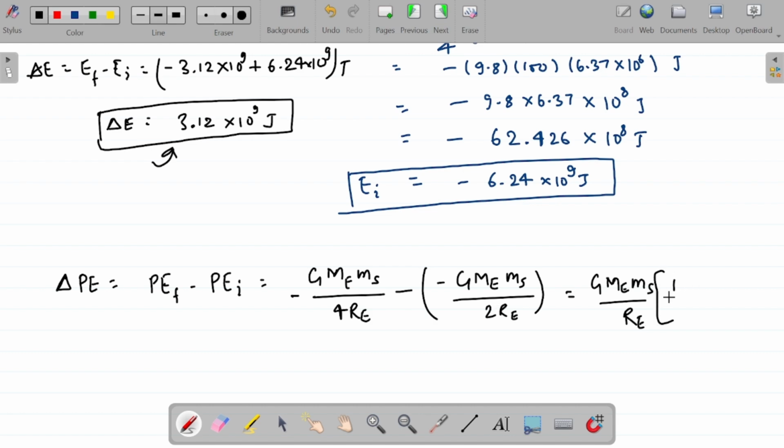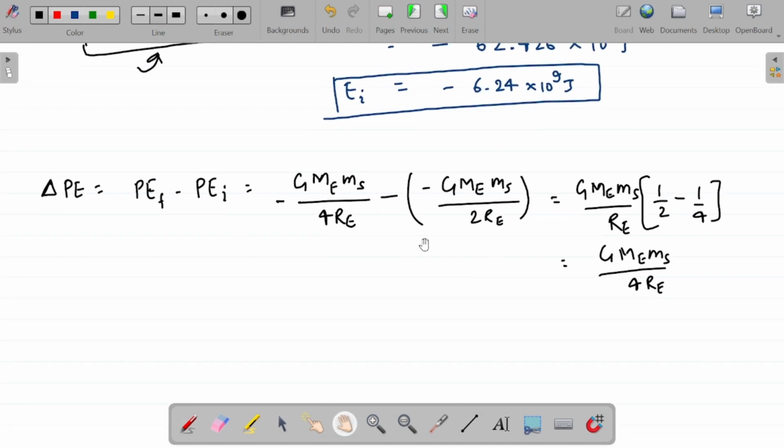And from here you will get 1 by 2, and from here you will get minus 1 by 4. So ultimately it will be G ME MS by 4 RE, and we have obtained this value already here. So it will be 6.24 into 10 to the power 9 joule.